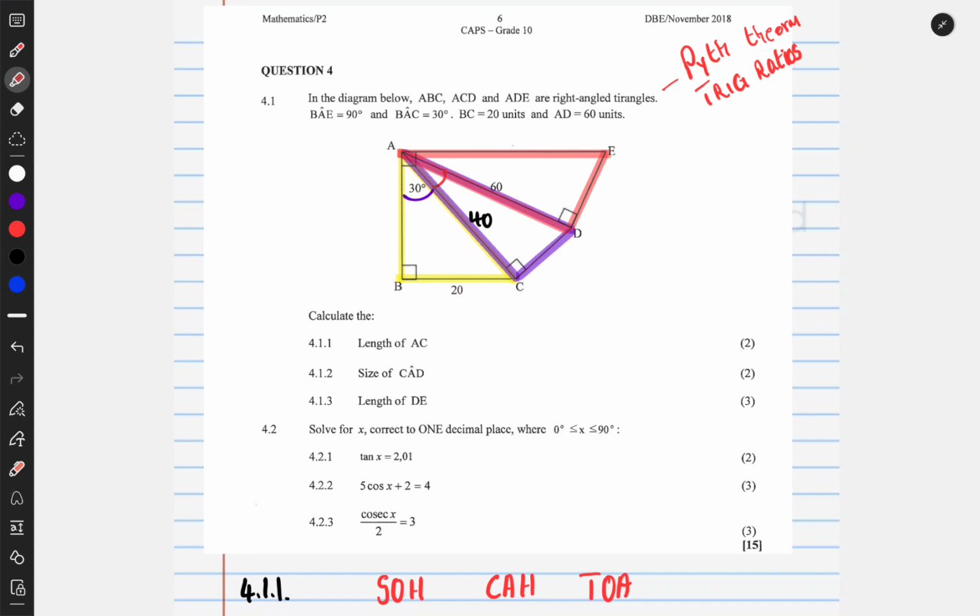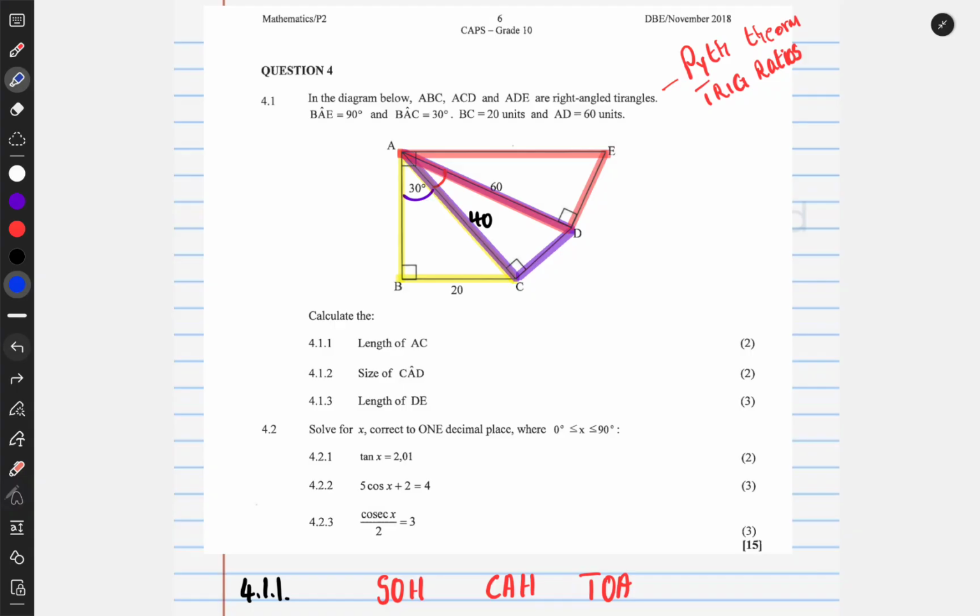We have just calculated the angle here, which is 48.19, and then we know that all of these angles at A are equal to 90 degrees.